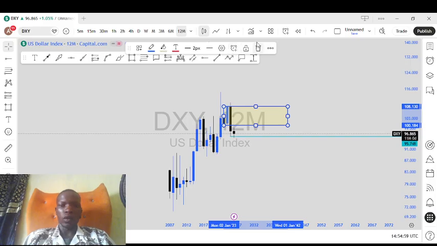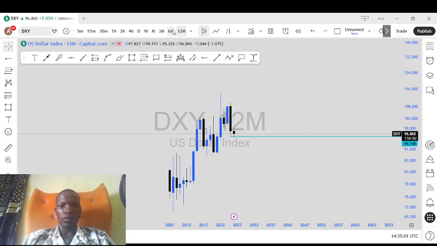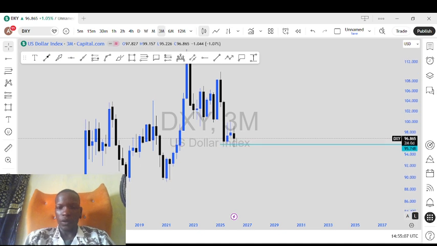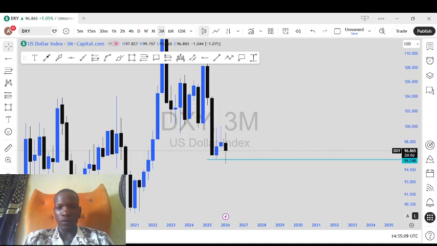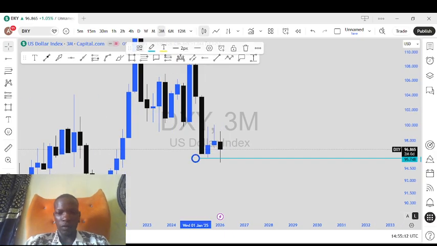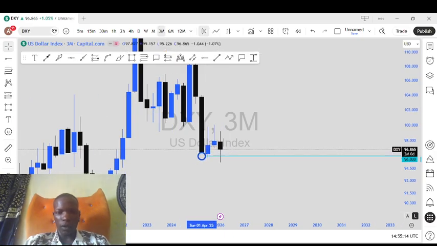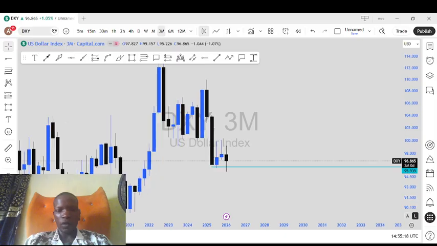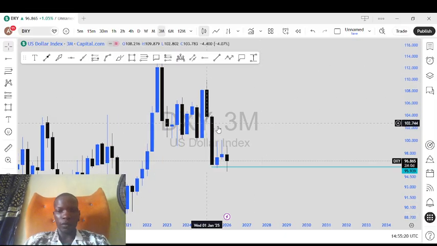So let's move straight to the 3 months time frame. On this 3 months time frame, what can we see? We can see that the market closed as a contraction, giving us a CLT formation.